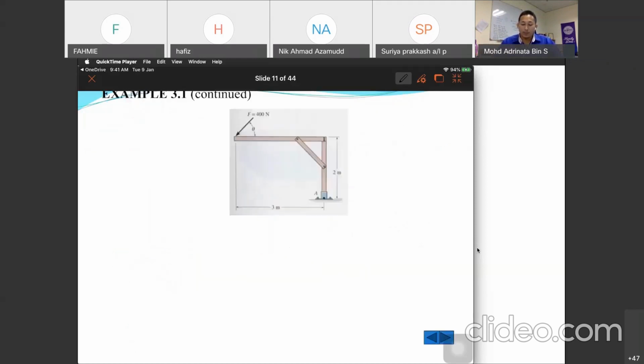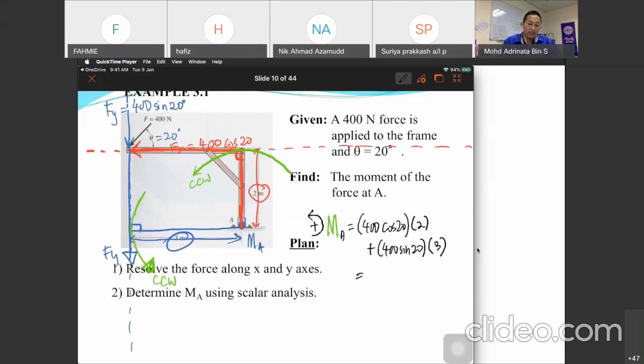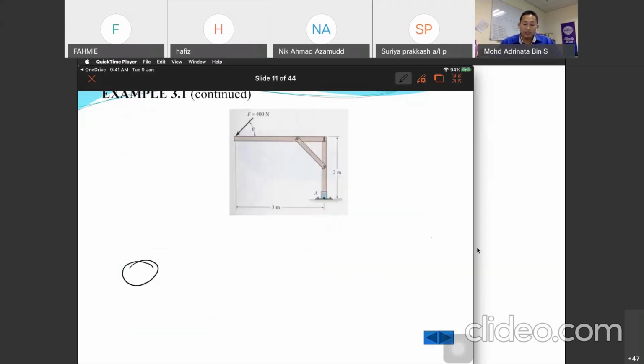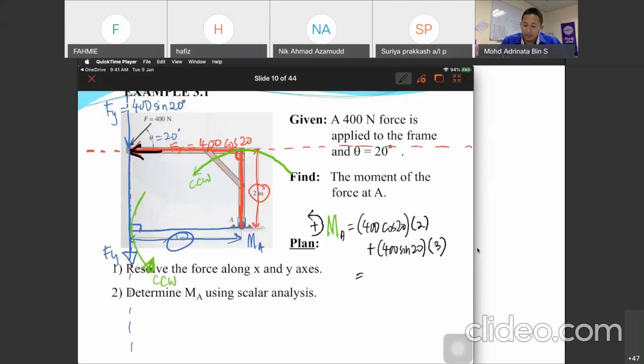Okay, because of the direction of Fx, it doesn't matter because you write here this is Fx. But for the moment, counterclockwise is positive. How is it counterclockwise? Again I try to repeat.